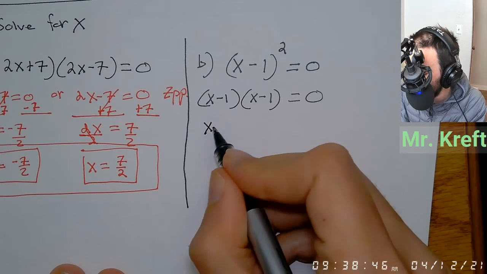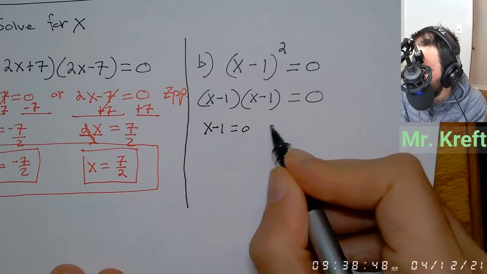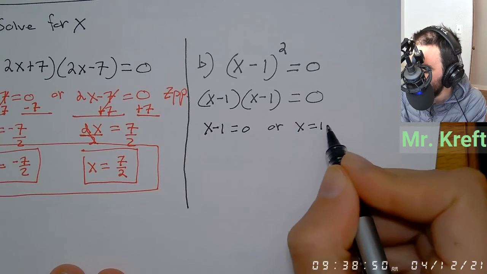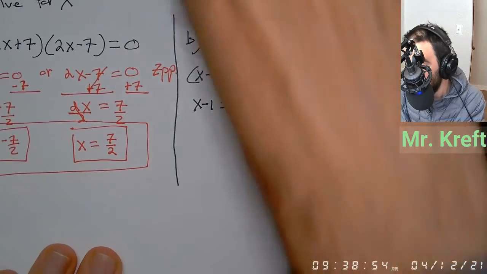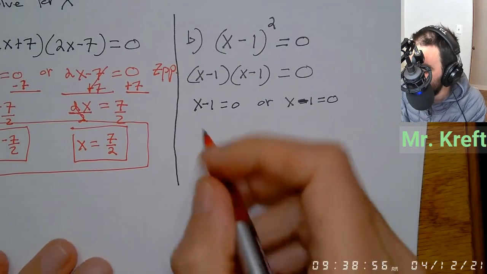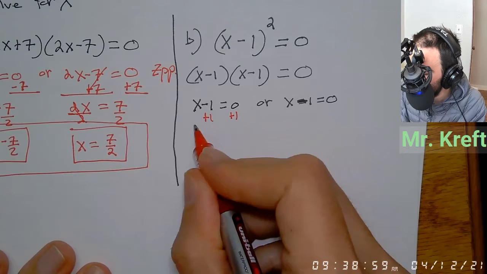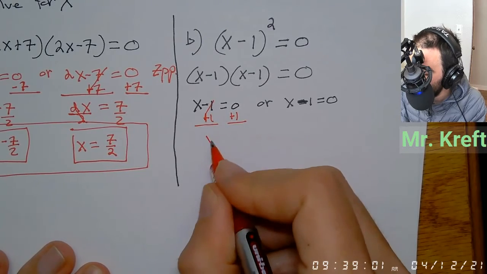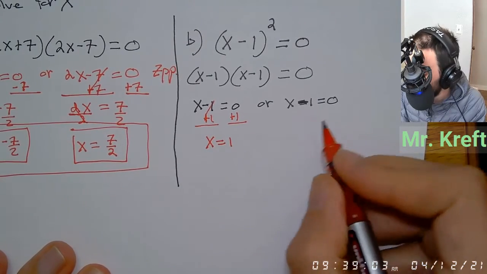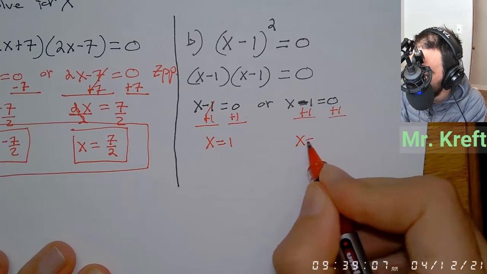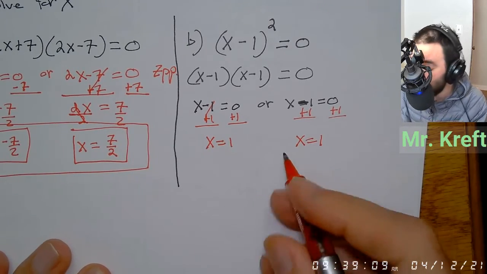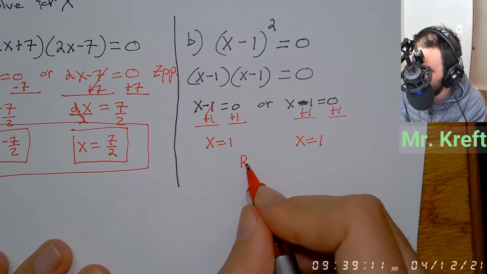So this means that x minus 1 equals 0, or x minus 1 equals 0. Okay? So to solve these, I would go plus 1, and we're going to go x equals 1, and then here we're going to add 1, and we get x equals 1. Holy moly! So this is called a repeat answer.